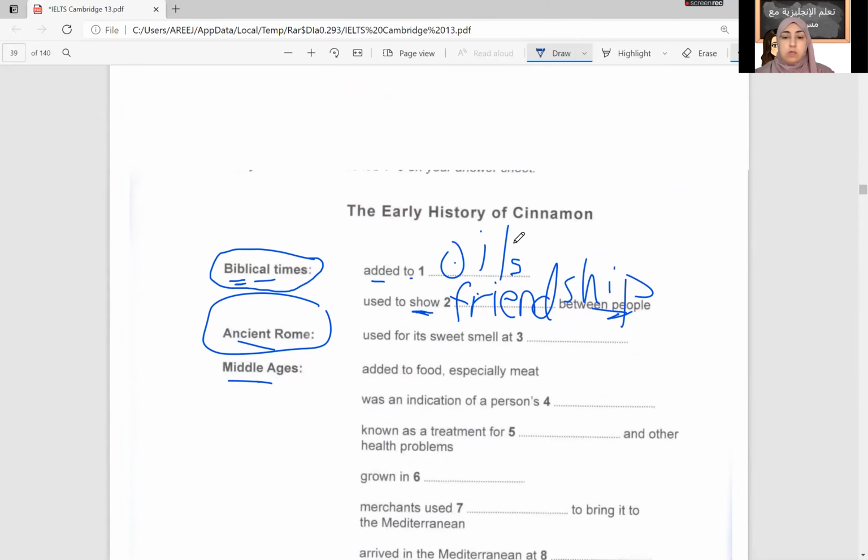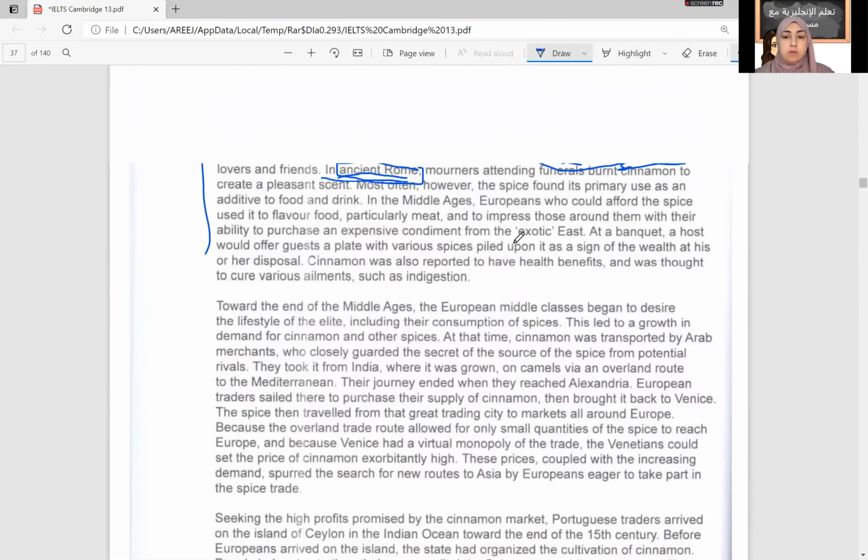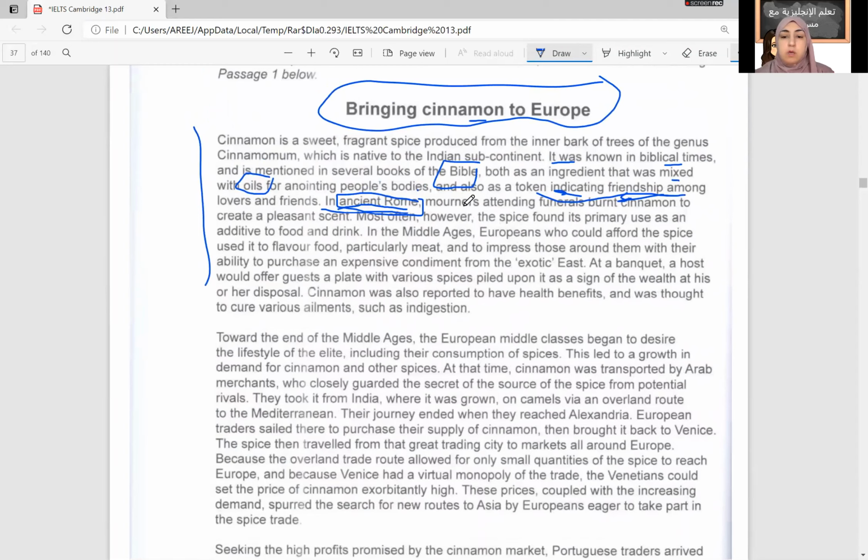So where was it used? Because it has a nice or sweet smell. I just go to ancient Rome. Mourners attending funerals burned cinnamon. The ones who went to funerals burnt cinnamon to create a pleasant scent. Scent means smell. It is very important, as I said before, to look for synonyms and study them.